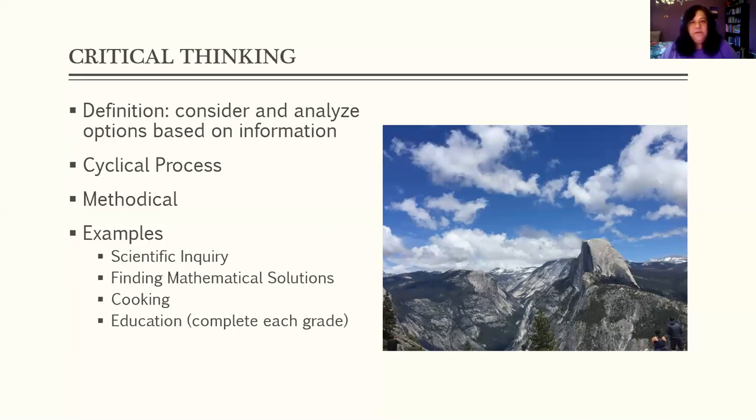Cooking is another task that takes critical thinking. In other words, when you make a cake, you wouldn't want to bake the cake and then mix it. You have to mix it, then you have to bake it, then you have to ice it. Well, you have to let it cool first, right? Education is another one.